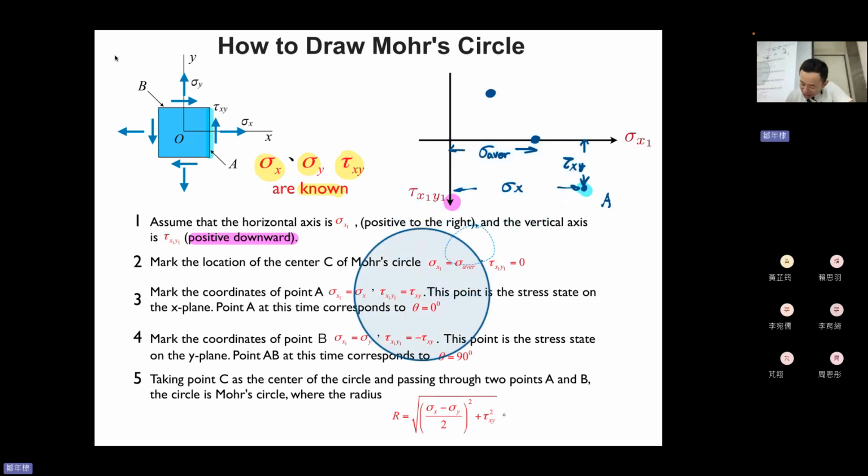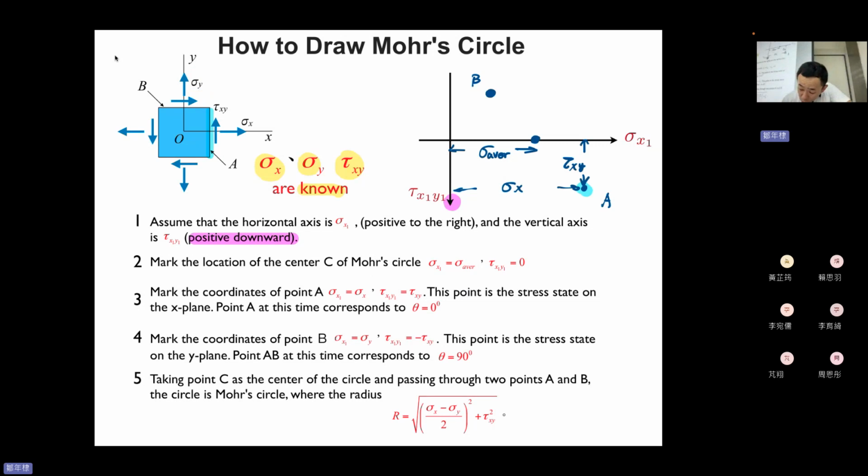Sorry, I can delete that. So point B can be set by your tau xy and sigma y as well.